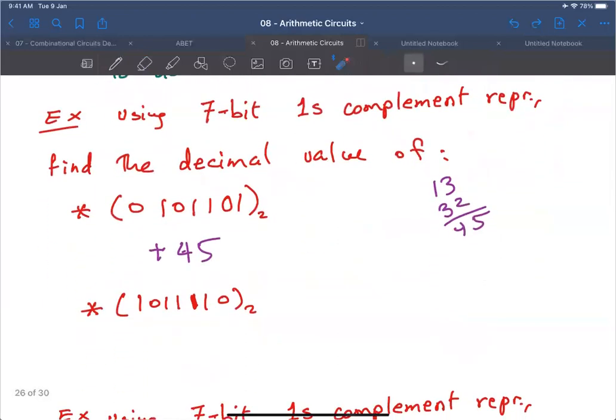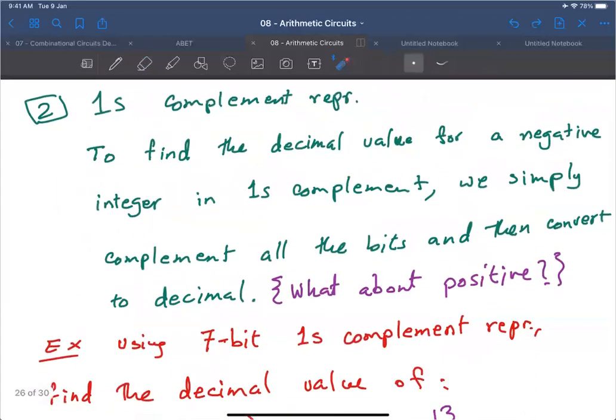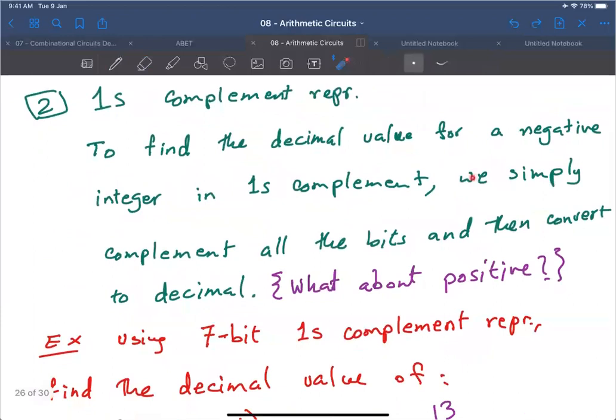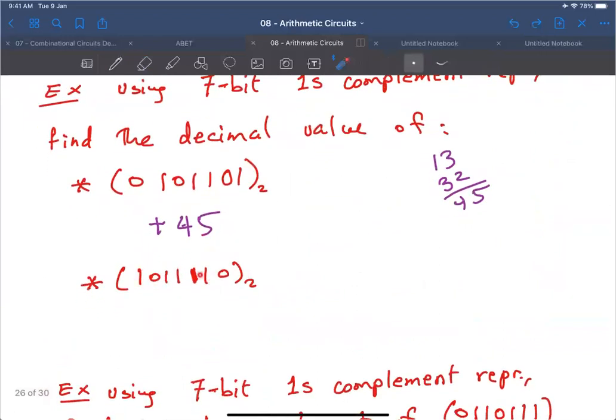Now for this number, if you have paid attention to what we do, we simply complement all the bits and then convert to decimal, if it is negative. So this is negative now. We complement all the bits first, so this is going to be 0, 1, 0, 0, 0, 0, and then 1. And then convert to decimal. What is the decimal value of this?